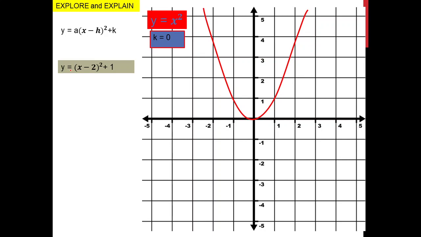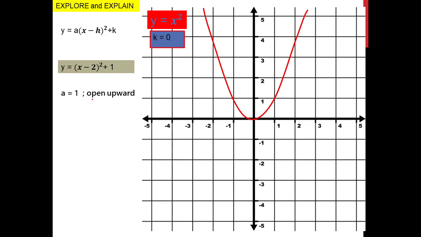So say for example here we have y is equal to the quantity x minus 2 squared plus 1. Now let's try to gather all the data here for us to create our graph. So a here is equal to 1, that's an imaginary number here.